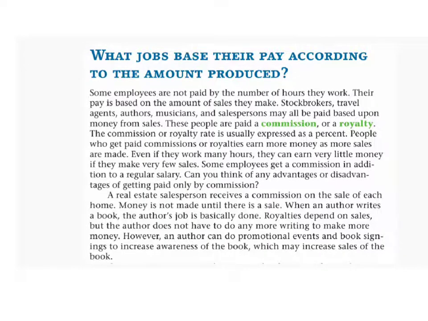I'm not going to read it for you, but it does have commission or royalty in here, that is profit from sales expressed as a percent. When you're done reading this page, start your video back up.